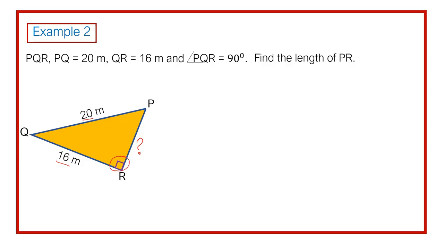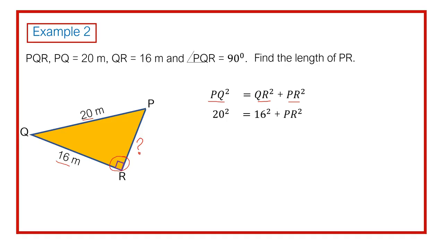So step 1, we are very sure that this is a right triangle. So we need to know what is the hypotenuse. The hypotenuse is the longest side of the right triangle. So that is PQ. So we get PQ squared is equal to QR squared plus PR squared.